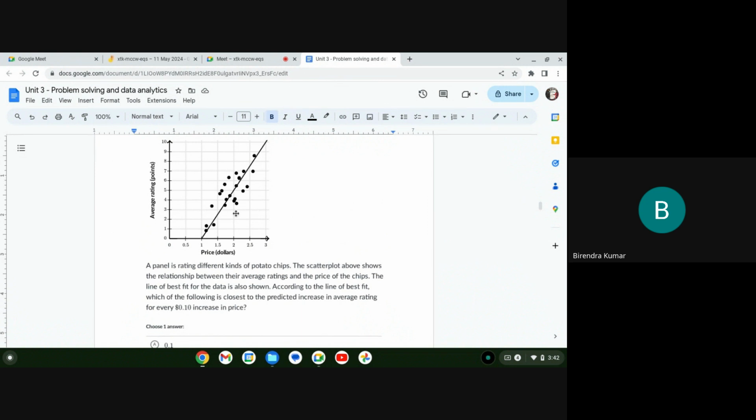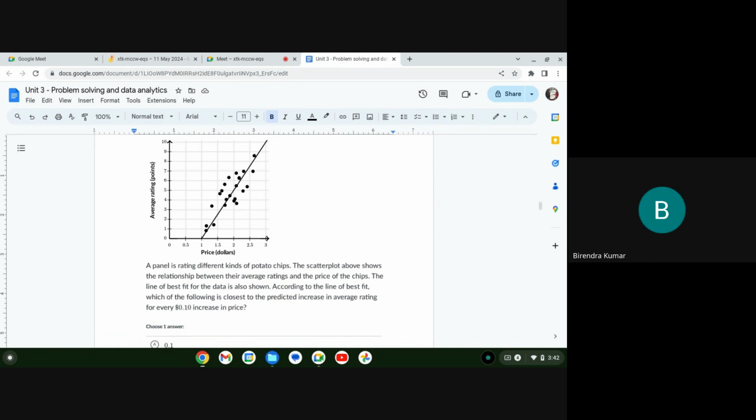If we just look at these two points, my rating increased from 0.8 to 8.5. So it increased by 7.7, right? It increased by 7.7 for an increase of how much price? From 1.2 to 2.7.